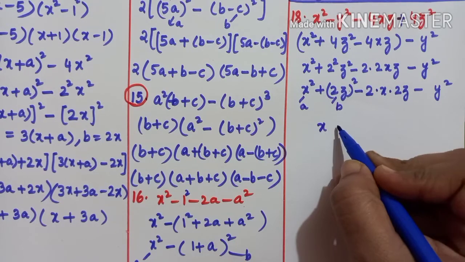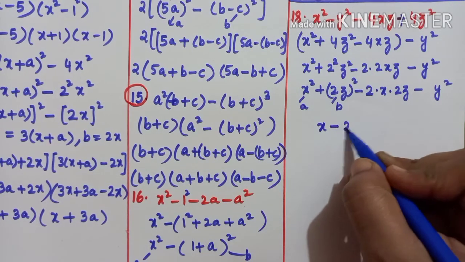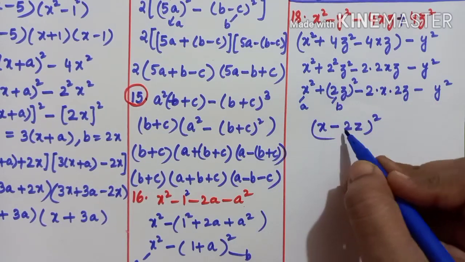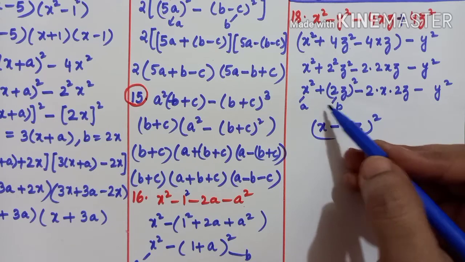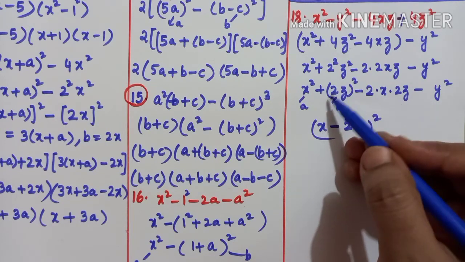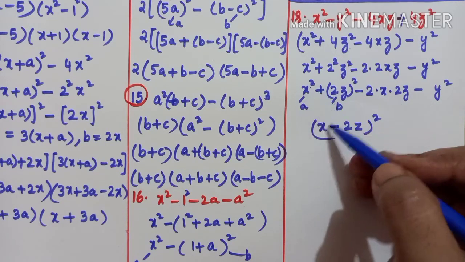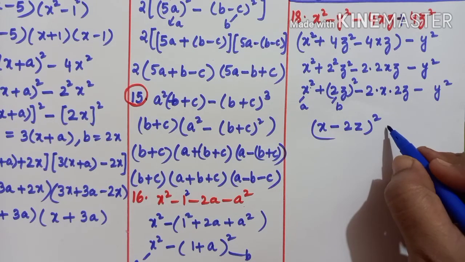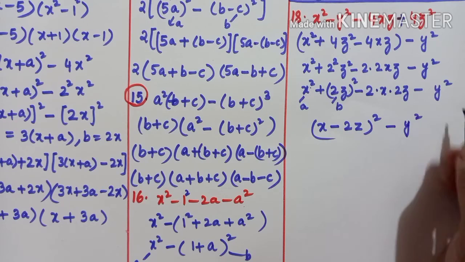So a minus b whole square means x minus 2z whole square. In place of a we have x and in place of b 2z. So x minus 2z whole square, then this is y square as it is.